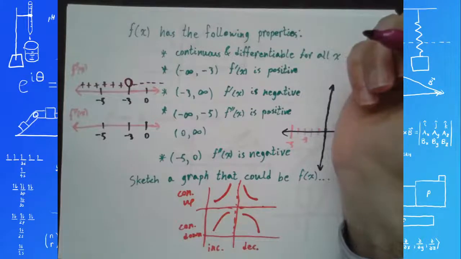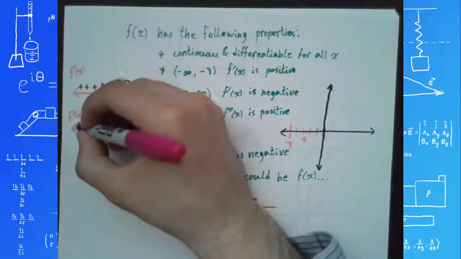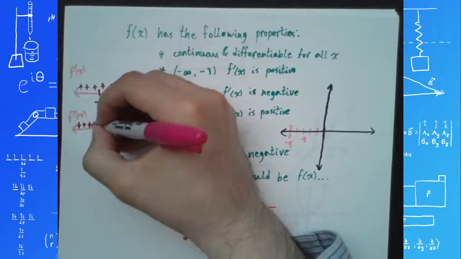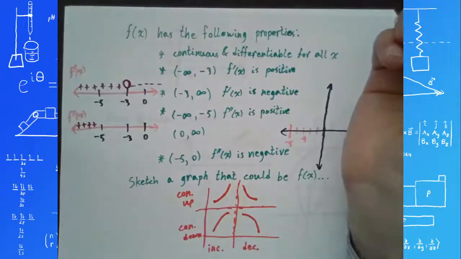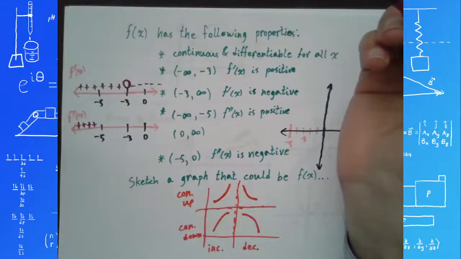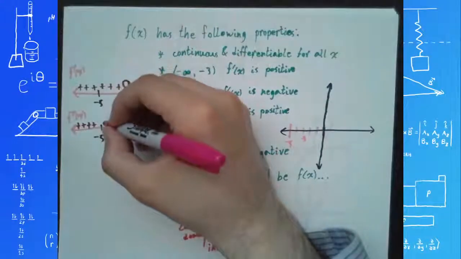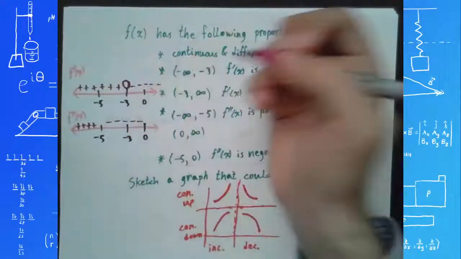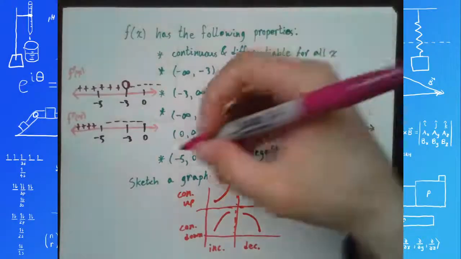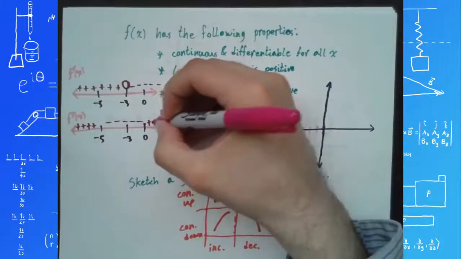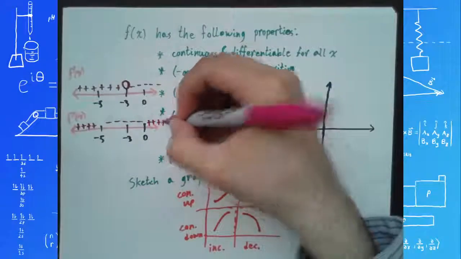Okay, and then f double prime from -infinity to -5, it's positive. From -5 to 0, it is negative. And then from 0 to infinity, it goes back to being positive again.